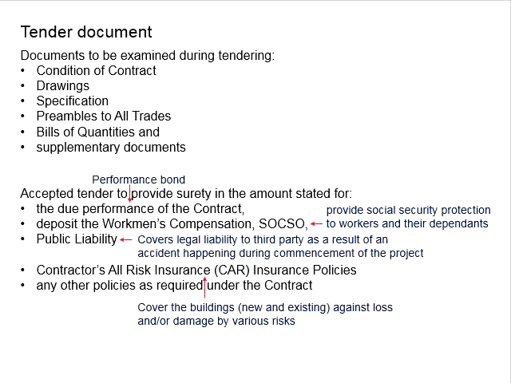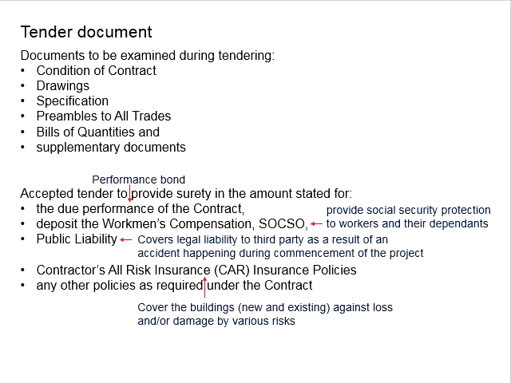Next, we talk about the sureties that need to be provided for the accepted tender as per the stated amount in the tender document. These are some of the examples. There will be a performance bond, which is meant to ensure that the contractor does the work in accordance with the quality and standard as stated in the tender document.